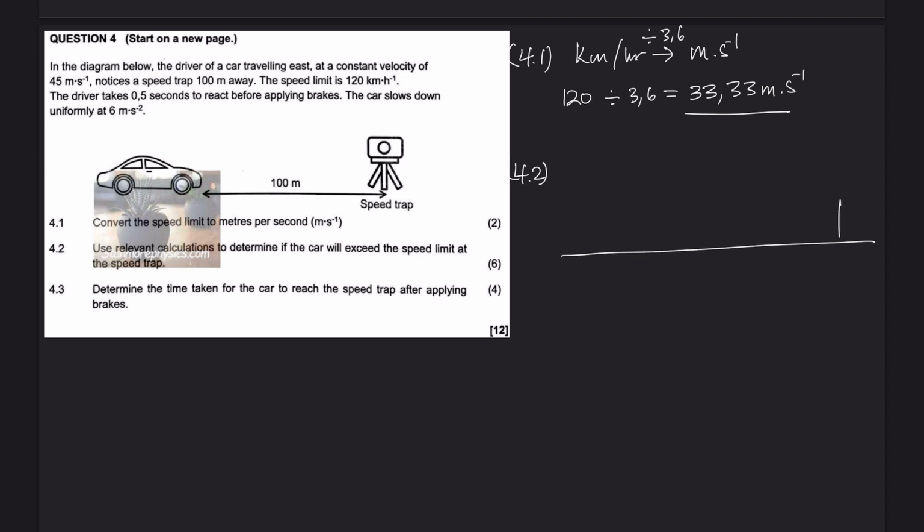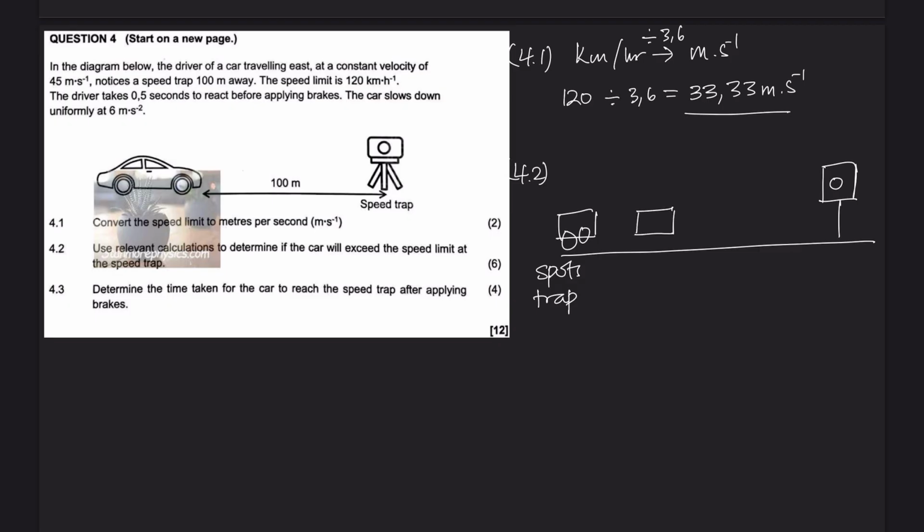So if this is the speed trap, and the driver of the car is here, at this point he spots the trap. But some time passes before he actually presses the brake, or slows down.